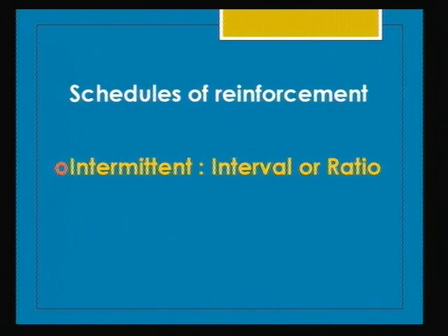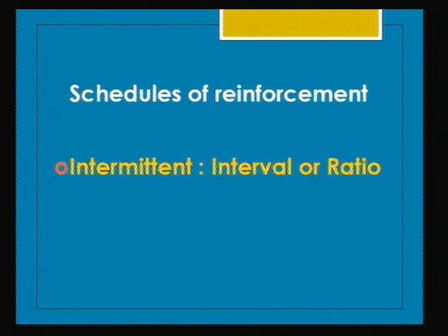So that is not exactly what we want to happen. That is why Skinner says that usually, at least for higher levels of organisms, it's better to give intermittent reinforcement. Now intermittent reinforcement can also be of two types. It can be interval reinforcement, it can be ratio reinforcement.